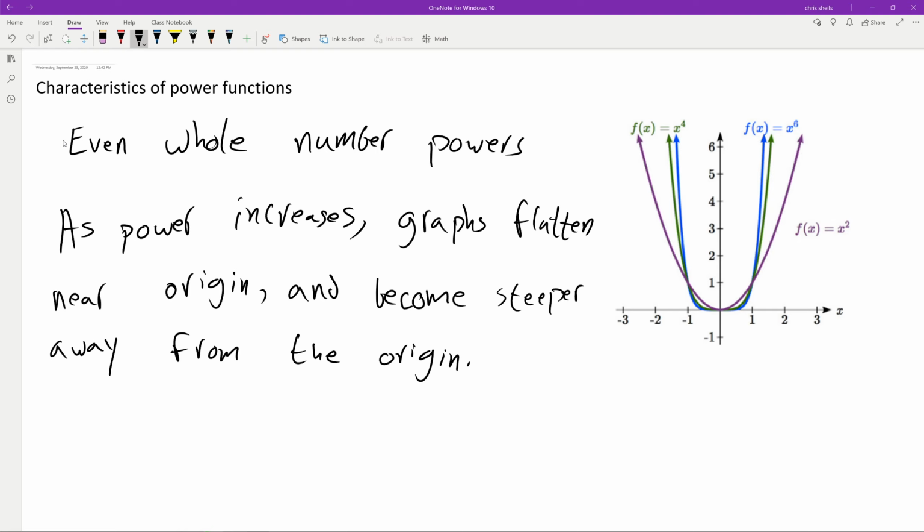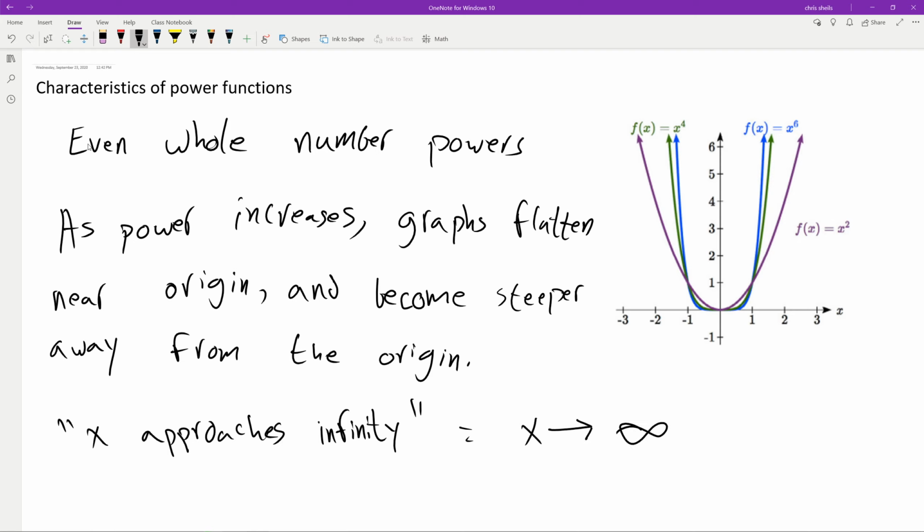So to describe the behavior of these graphs, rather, as we let our numbers become larger and larger, we're going to use our idea of infinity. If I say something like x approaches infinity, which can be symbolically represented as, let's see, I'll just say x, then this arrow and then the infinity symbol.